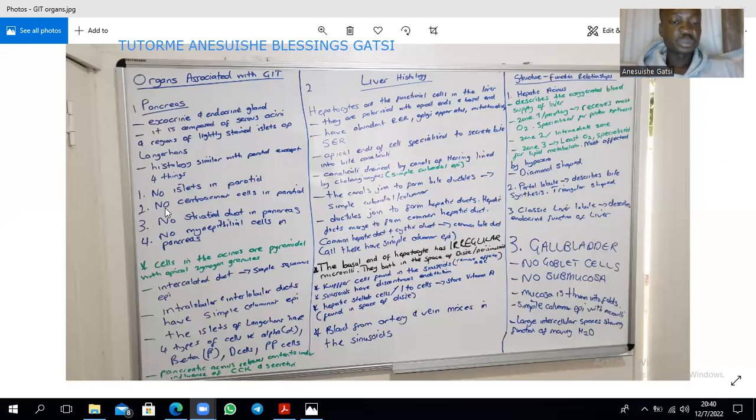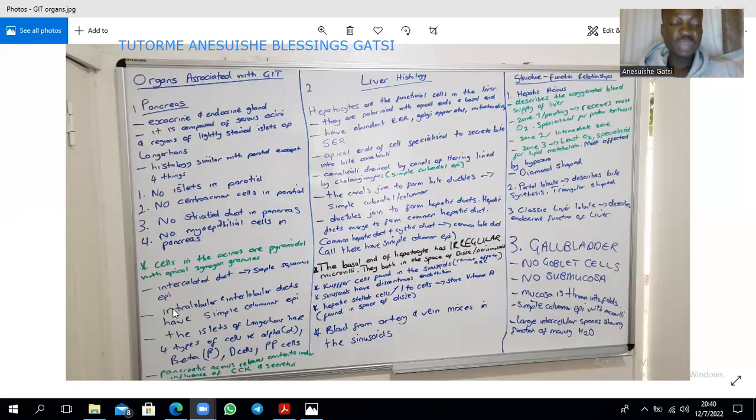Then if you look at the duct system, the first duct will be the intercalated duct, which has simple squamous epithelium. Then you find the intralobular, which then drain to interlobular, which have an increasing simple columnar epithelium. When I get to the slides, I'm going to show you an intralobular duct.